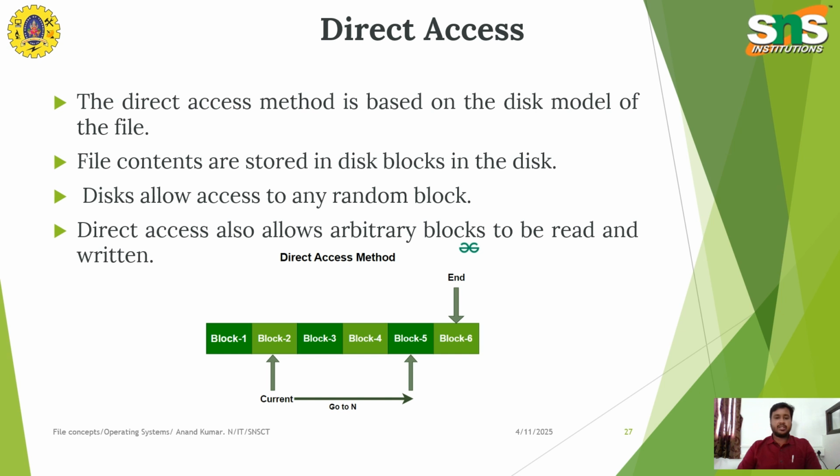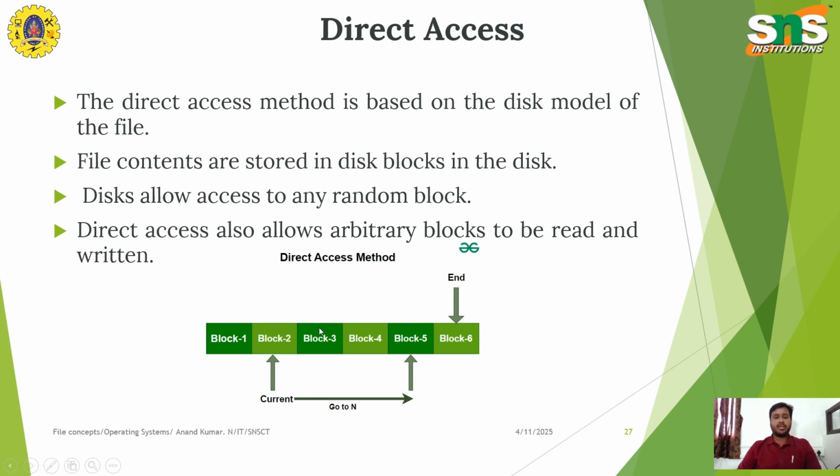Regarding the direct access method, here we have the same 6 blocks as reference blocks. Block 1, 2, 3, 4, 5, and 6. The starting point is as usual block 1, and the ending point is block 6. Regarding the current position, we can have it at block 2. And if you want to go to block 5, we can just skip blocks 3 and 4.